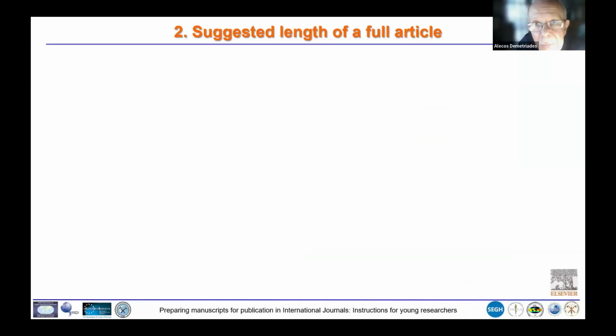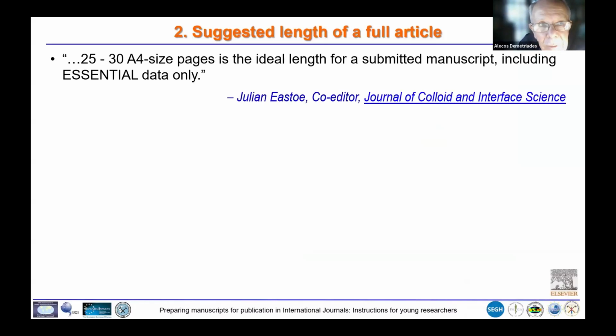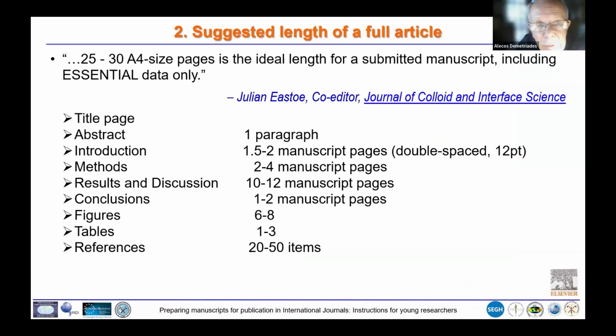Suggested length of the full article. 25 to 30 A4 size pages is the ideal length for a submitted manuscript, including essential data, according to Julian Eisho.